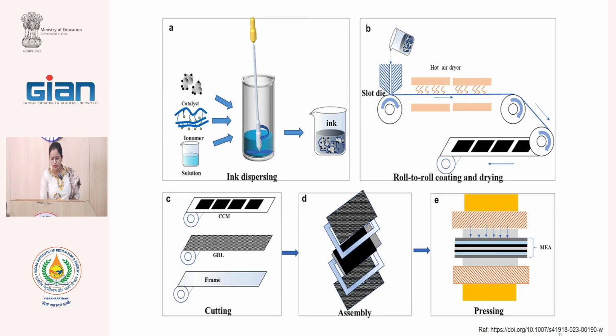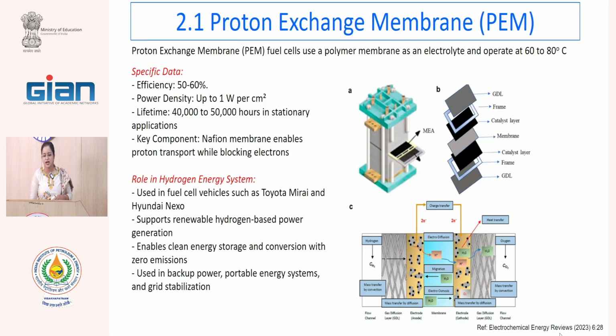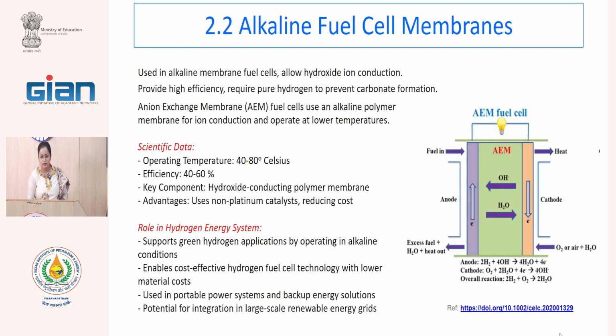So this is how a MEA is produced. Once the MEA is produced, stacking is very easy to do: you just put it one over another and sandwich it between the two end plates.